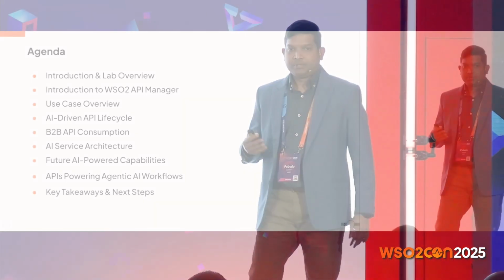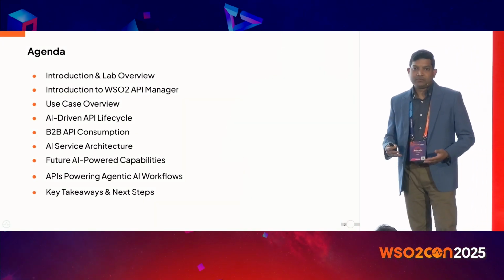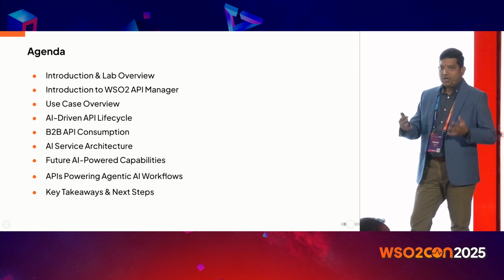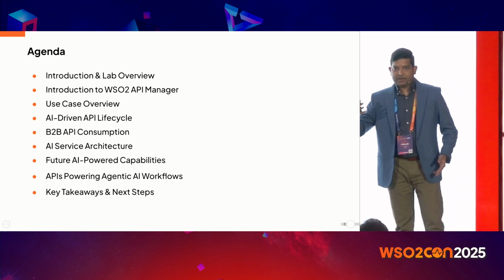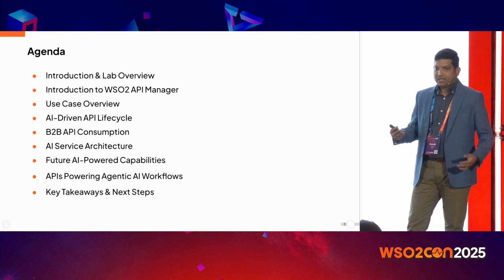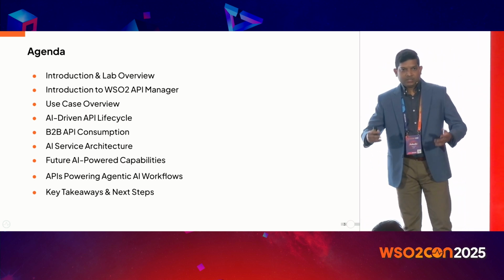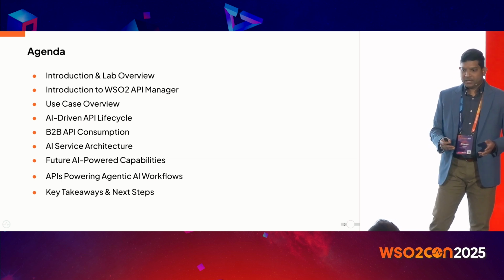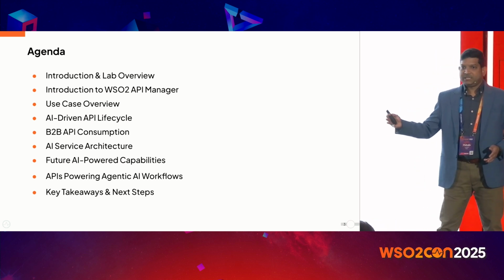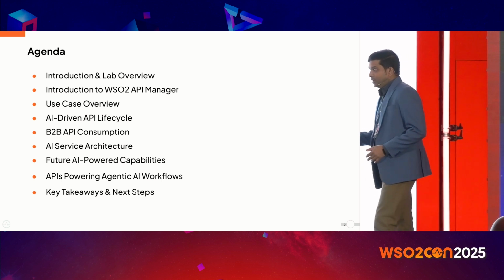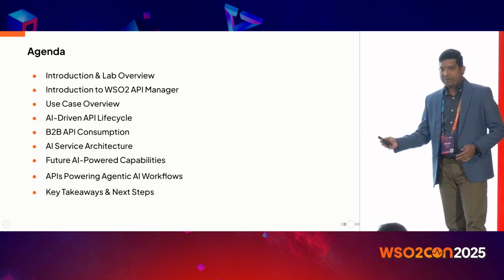This will help the new users and current users to understand how the product is doing and where we are going. And we'll take a real-world use case and try to apply AI in different stages of the API lifecycle. And then we'll talk about B2B API consumption.